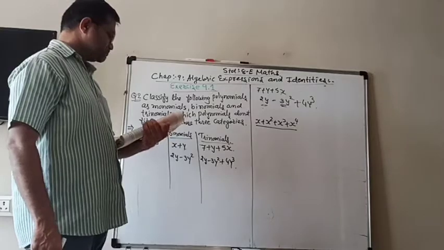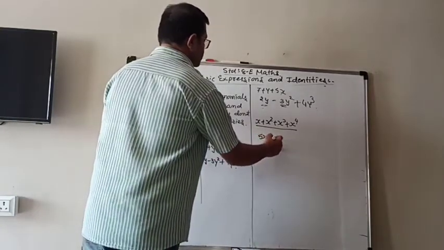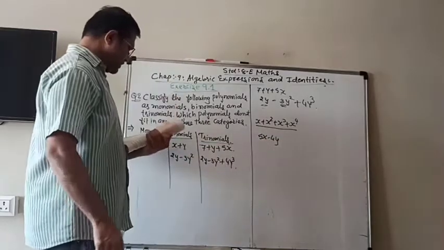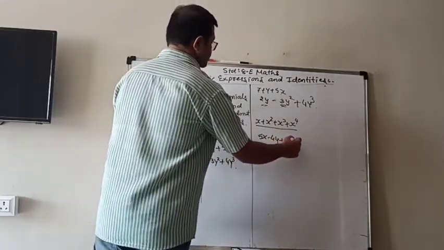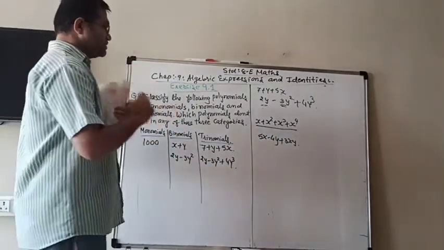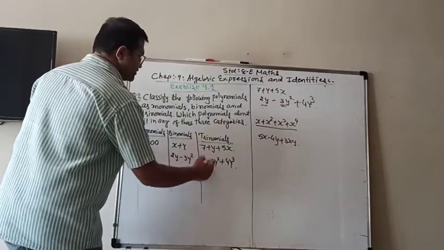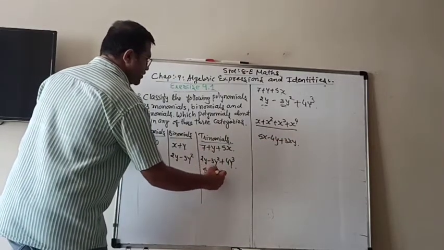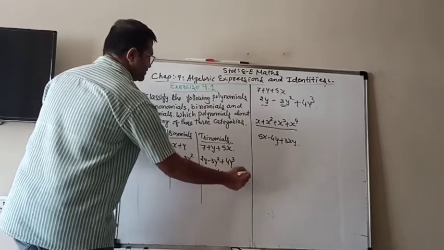The next is 5x minus 4y plus 3xy. So here we can see that there are 1, 2 and 3 terms. So it becomes trinomial. So 5x minus 4y plus 3xy.